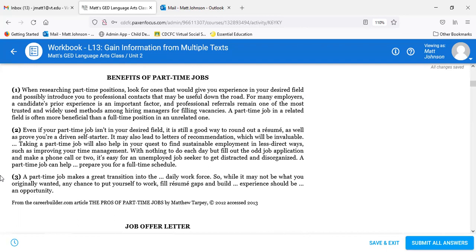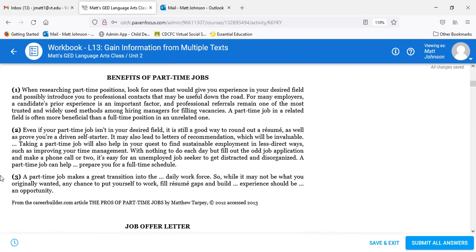A part-time job in a related field is often more beneficial than a full-time position in an unrelated one. Even if your part-time job isn't in your desired field, it is still a good way to round out your resume as well as prove you're a driven self-starter.